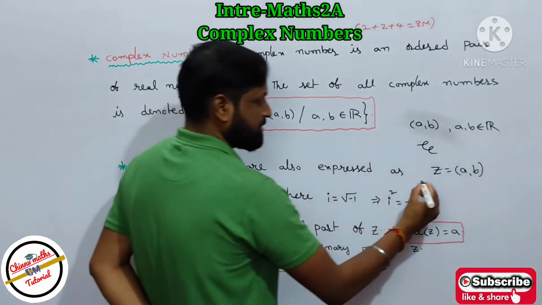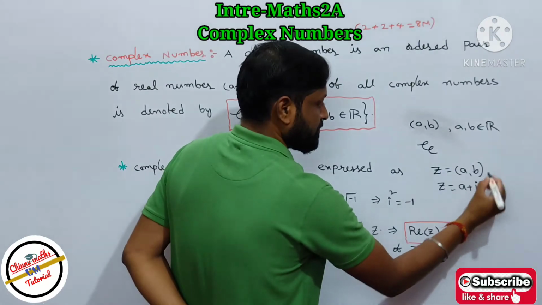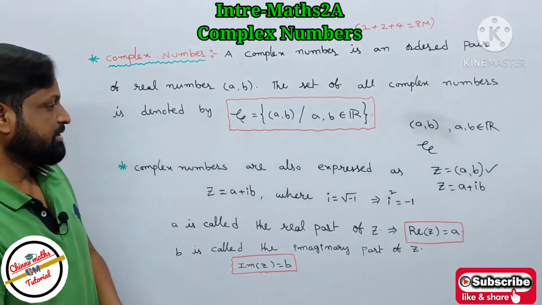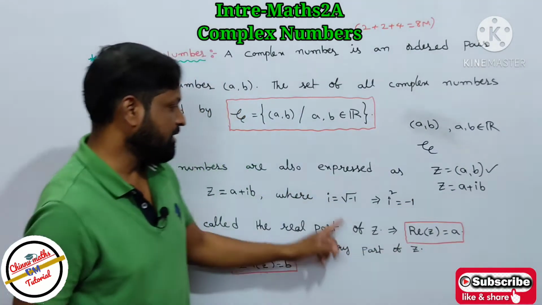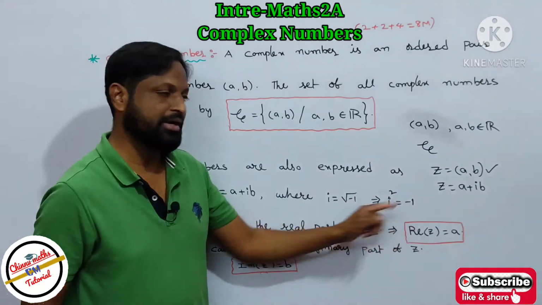So then the ordered pair can be written as z equal to a plus ib. In that z equal to a plus ib, what is the i value? i equals root of minus 1, then i square value equals minus 1.